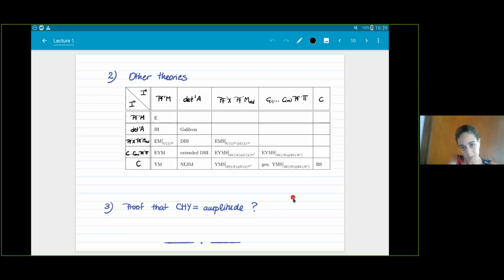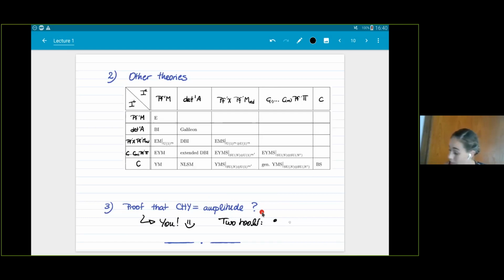Now, last but not least, I've tried to motivate everything, but I really haven't given you a proof that this actually reproduces the amplitudes. And I won't, but that is something that you will do on the homework, at least to some extent. So obviously we will not go through excruciating details on the proof there, but there's basically going to be two tools that we'll be using.